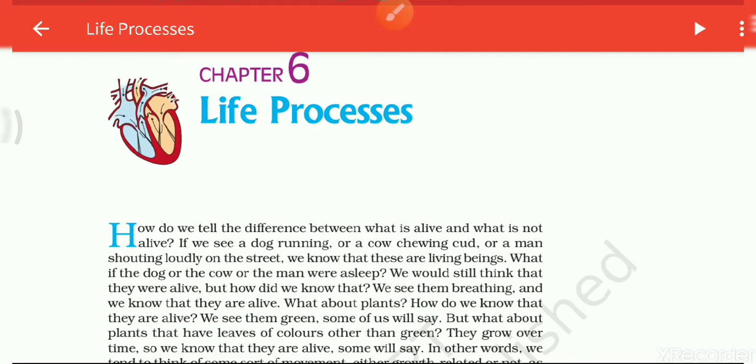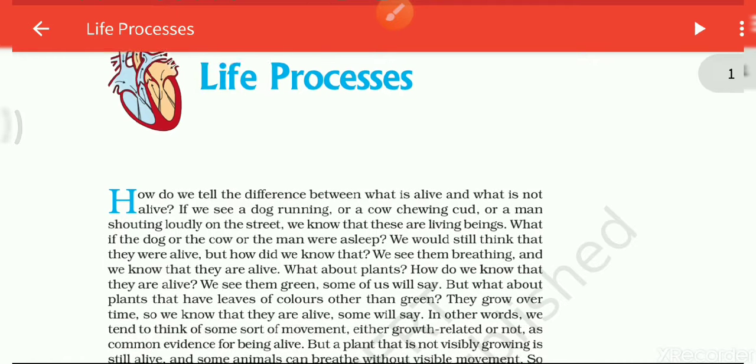But actually, what is the life process? If anyone asks you in biology terms, then the basic functions performed by living organisms to maintain their life on the earth are called the life processes. Okay students, that is the definition of the life process.